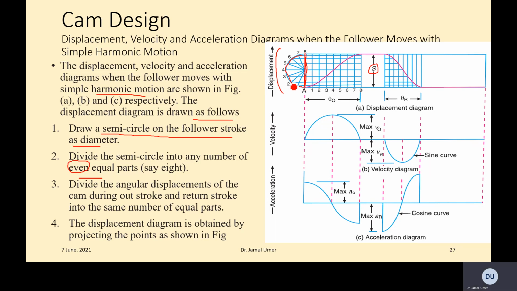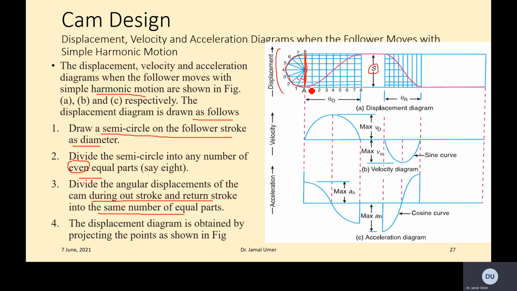If it's 8, then each angle is 60. You add 60, 60, 60, and you will have 180 basically. Then divide the angular displacement of the cam during outstroke and return stroke into the same number of parts. So the first step, you do the semicircle over here, which is done.